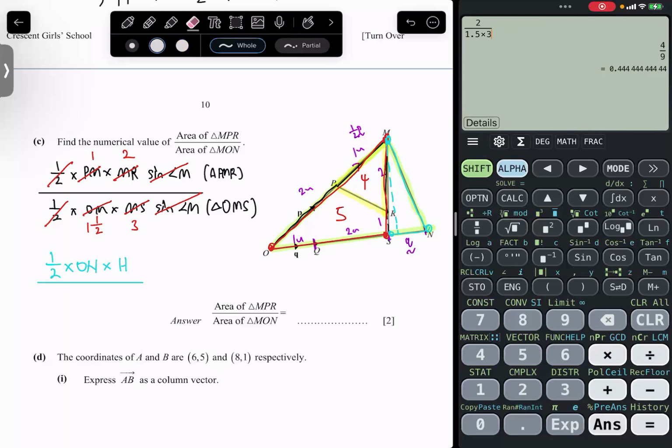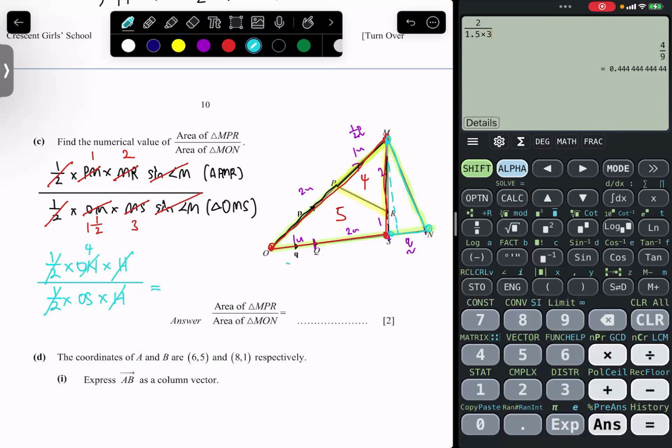Against half times OS times the common height. Now ON is 4 units. So height and height cancel, half and half cancel.